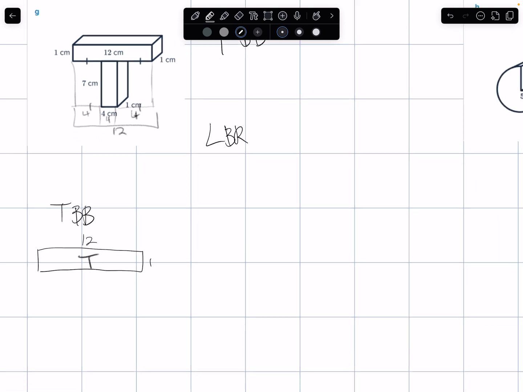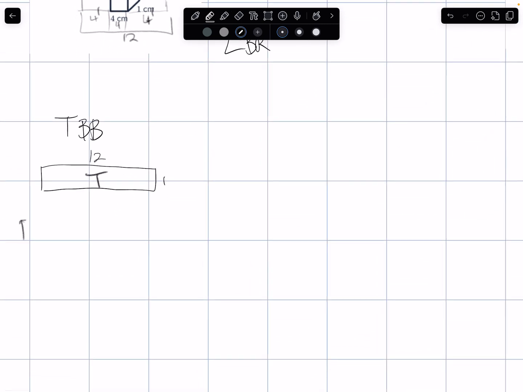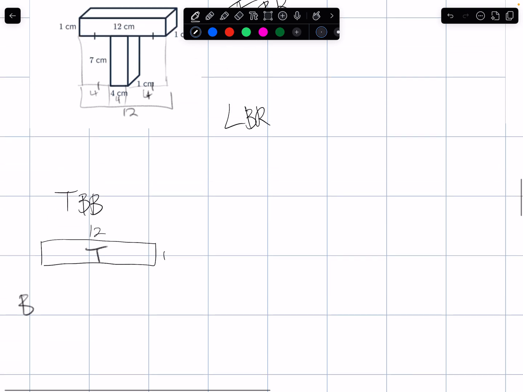So this is the top. Now let's look at it from the bottom. If we're looking at it from the bottom, you would see you have this face here, which is 4 by 1.